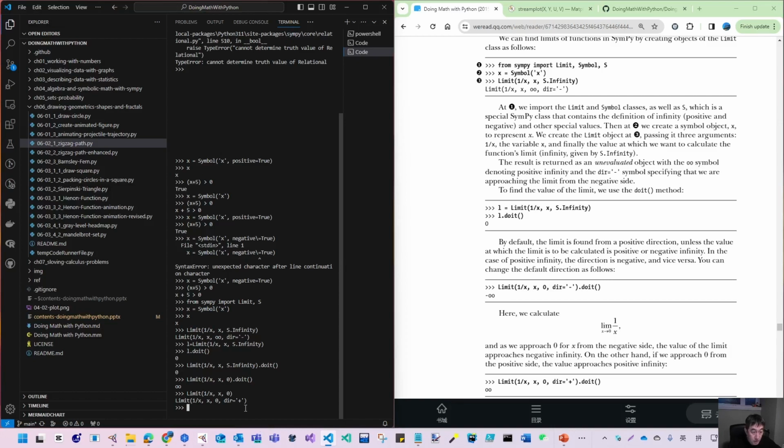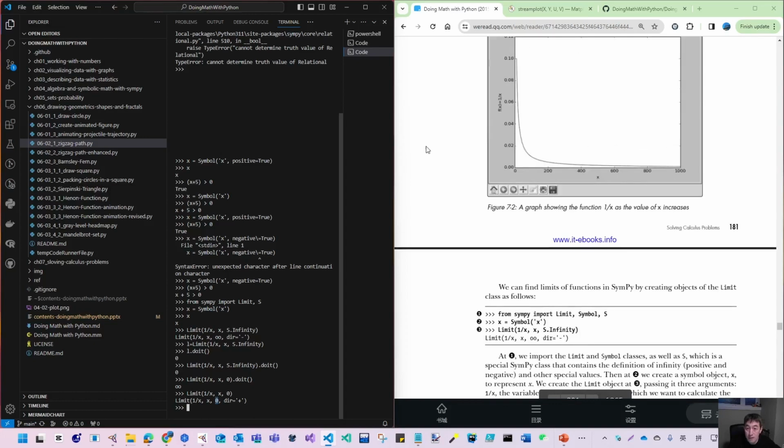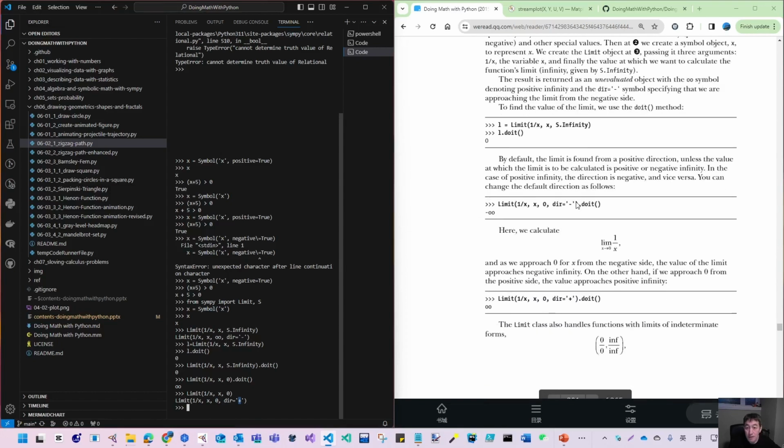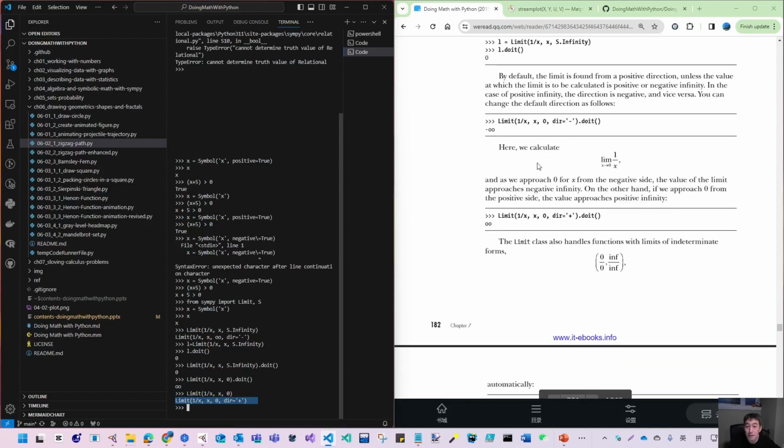Now you see, if you approach 0 for this line from the positive side, or from the right, then here the direction is positive. So that is the difference. But in this book, they didn't show you this one, but you can test yourself.